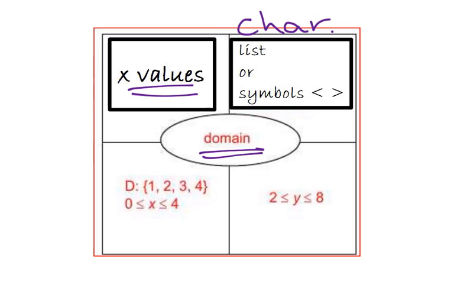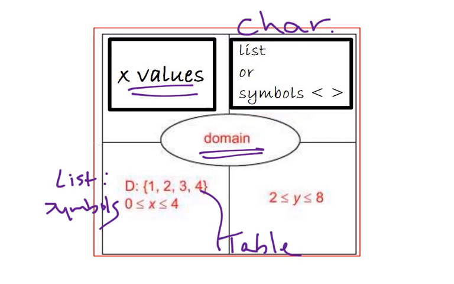An example of domain, if you're going to use a list, would be 1, 2, 3, 4. If you're going to use symbols, it would be 0 is less than or equal to X is less than or equal to 4. Remember, you'll use your list if they give you a table or if they give you a graph with points.